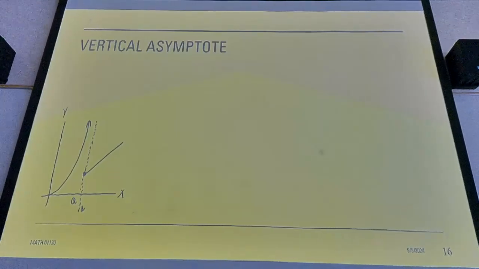Now we can define it, because you kind of keyed in on what the definition is, because you said approaches. Now what should you think of when you think of approaching a limit?